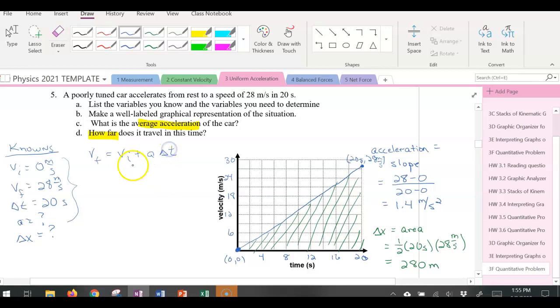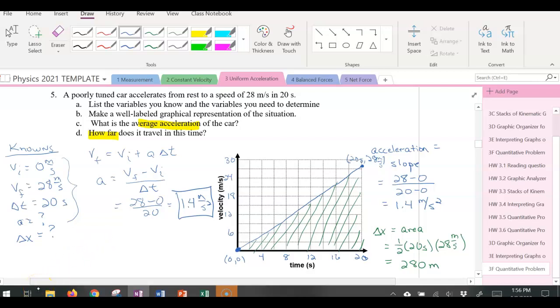And I'm going to solve for acceleration, so that's going to be the change in the velocity divided by time. And that's going to be the same thing that we calculated on the graph. So it is going to be 28 minus 0 over 20 is 1.4 meters per second squared. So using the equation, we got the same answer that we got using the graph.